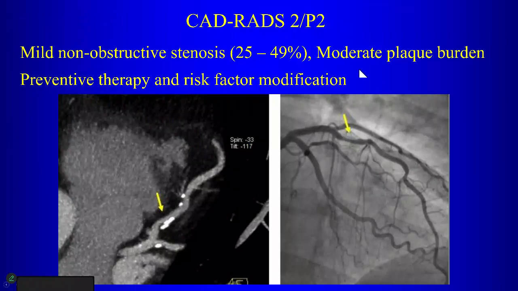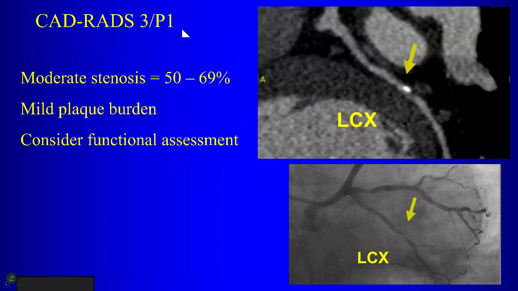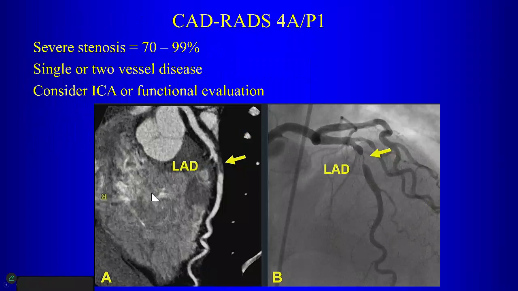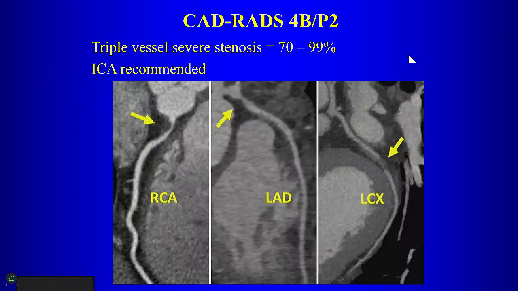When we get to CAD RADS 3, so here 50 to 69% stenosis, so now you can go on to functional assessment to determine if this lesion is physiologically significant. And then CAD RADS 4, here we have severe stenosis, 70 to 99%. So here you can consider invasive coronary angiography or functional evaluation to determine if the lesion is physiologically significant.